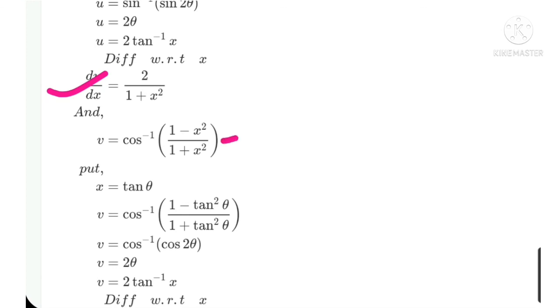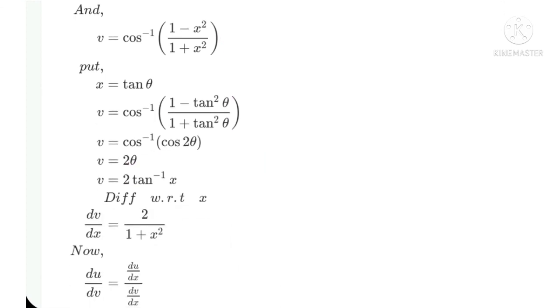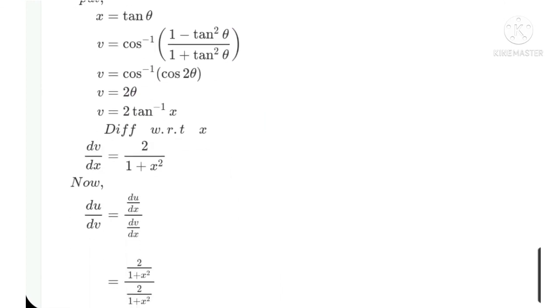Similarly for v, here also you put x is equal to tan theta. We get v is equal to cos inverse of 1 minus tan square theta upon 1 plus tan square theta, which is nothing but cos of 2 theta. Cos inverse gets cancelled, so v is equal to 2 theta.